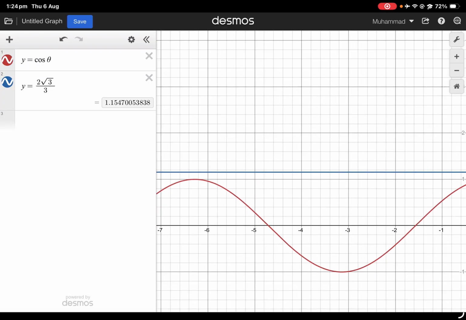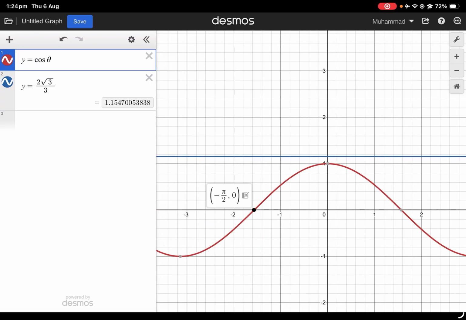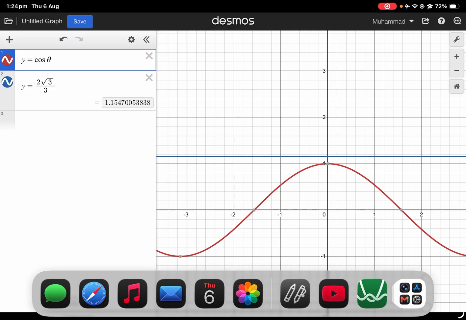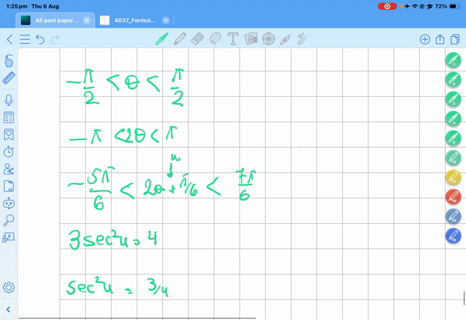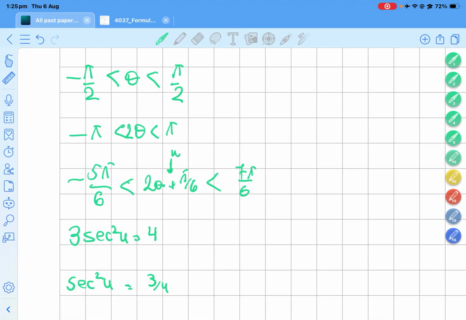That's interesting. Have I done something wrong? What exactly have I done wrong? 3 sec u squared. Where's my calculator? Here it is. Square root of 3 by 4 is root 3 by 2, and 1 upon answer is root 3 by 3, which is greater than 1.